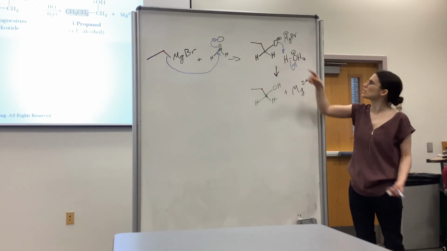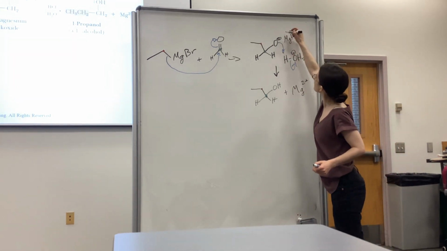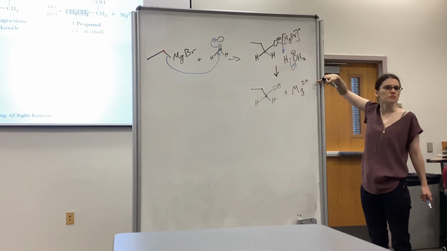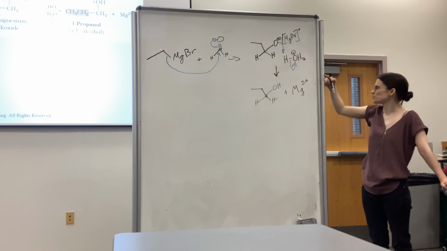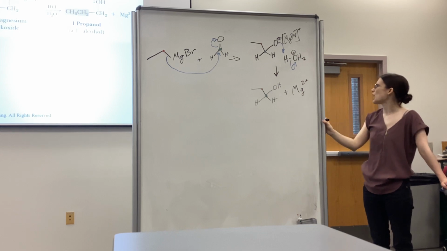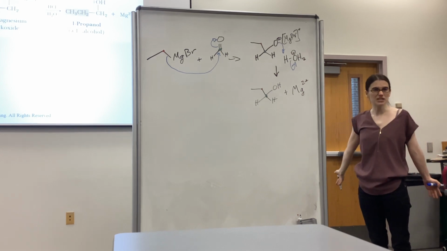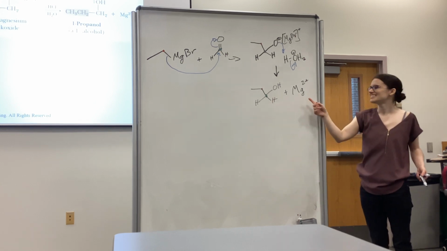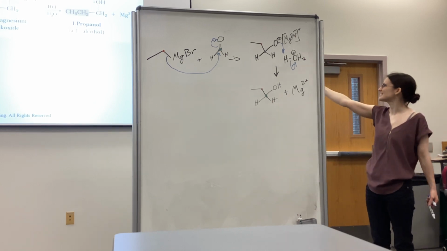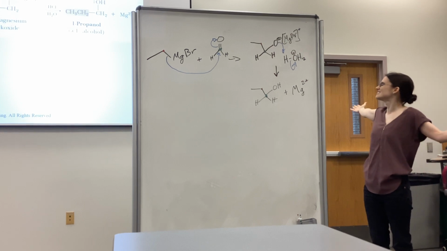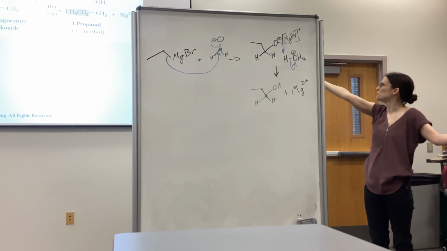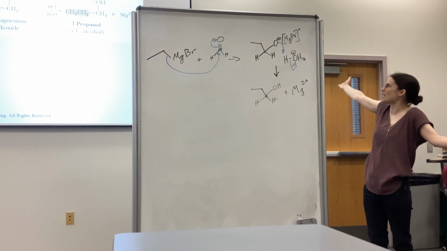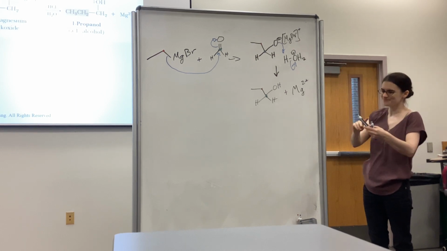This is part of why I don't like writing these things, because where does the bromine go? It doesn't really matter where the bromine goes because what we care about is this stuff, but if they're going to write that, include everything or just get rid of the stuff that doesn't matter, is my opinion.